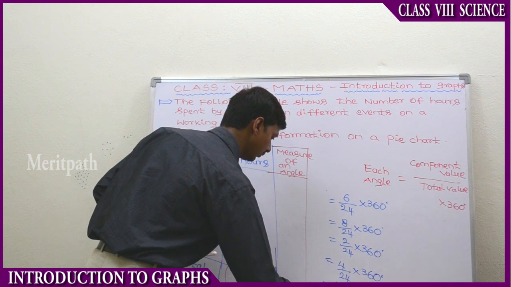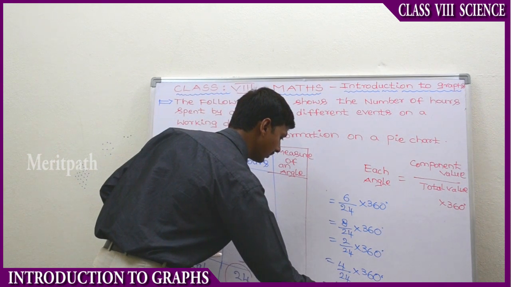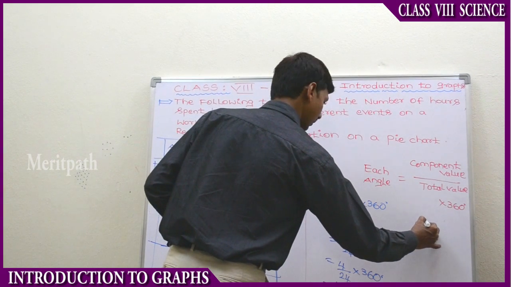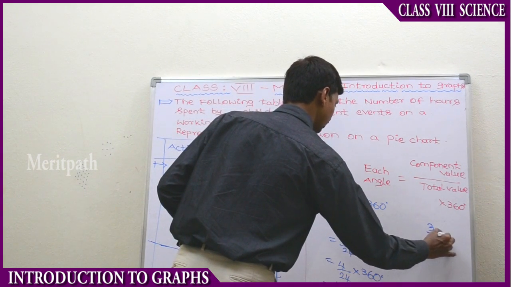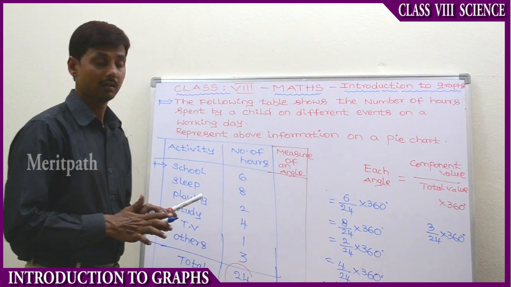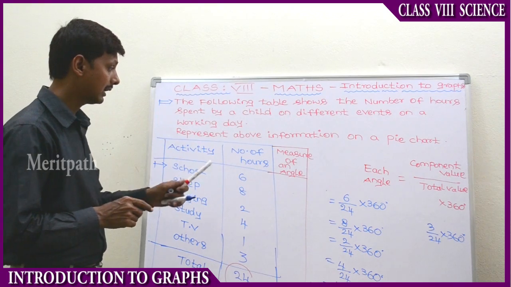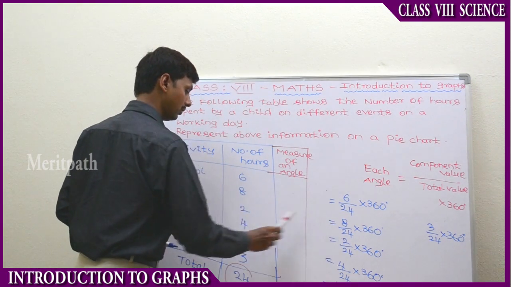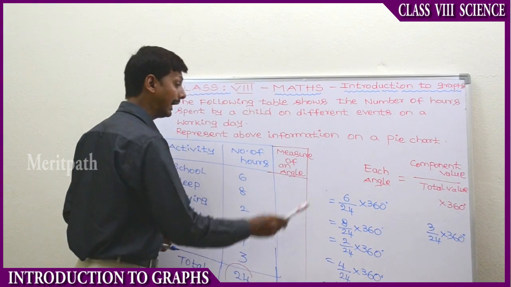Then 1 by 24 into 360. One value is left out, that is 3 by 24 into 360 degrees. So we need to find out these angles.